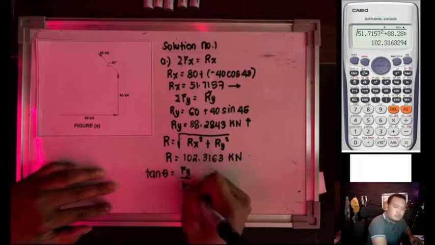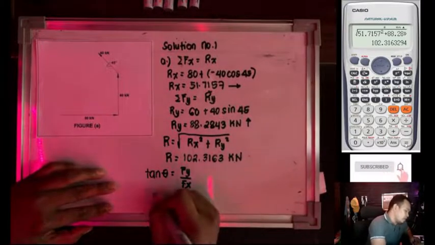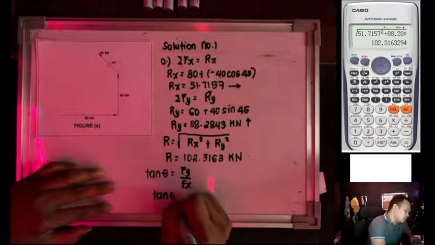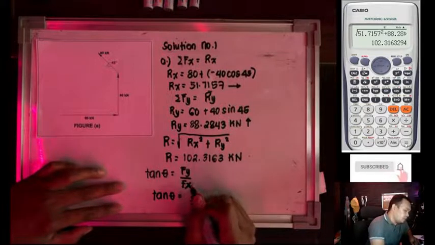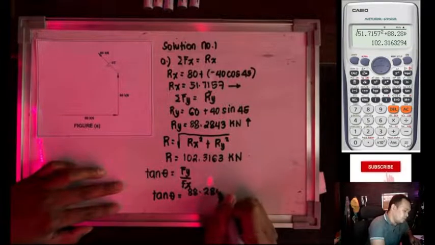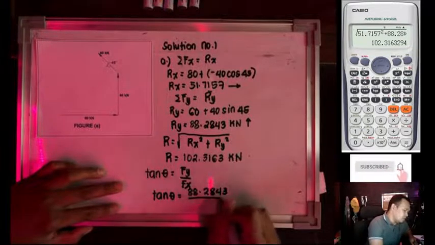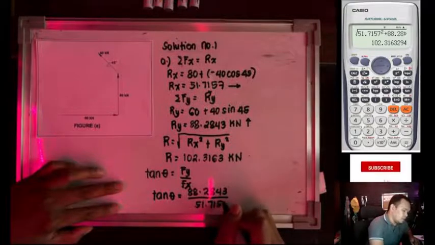Then to get the direction, angle theta, tangent theta is equivalent to Ry over Rx. So tangent theta is equivalent to 88.2843 all over 51.7157.